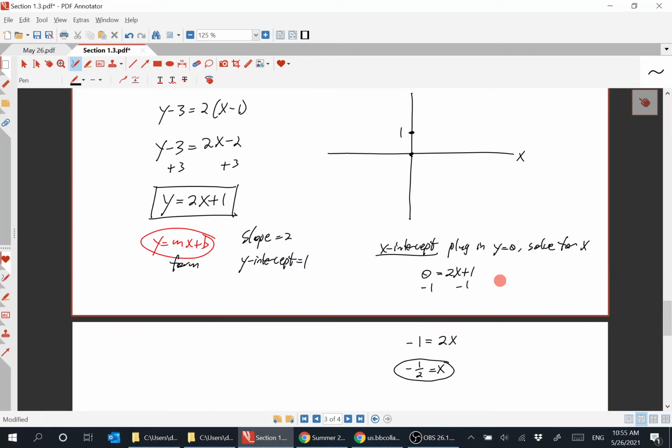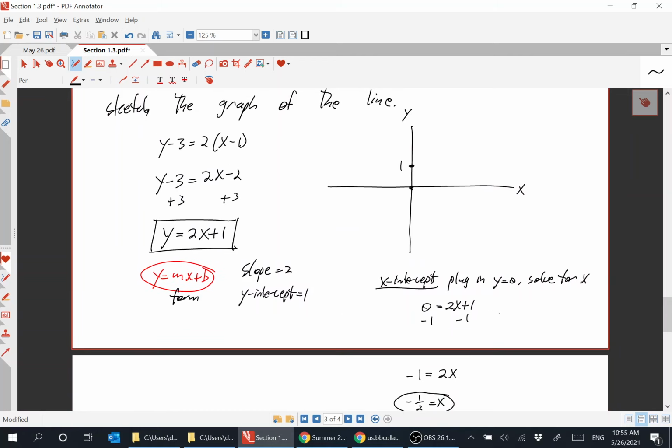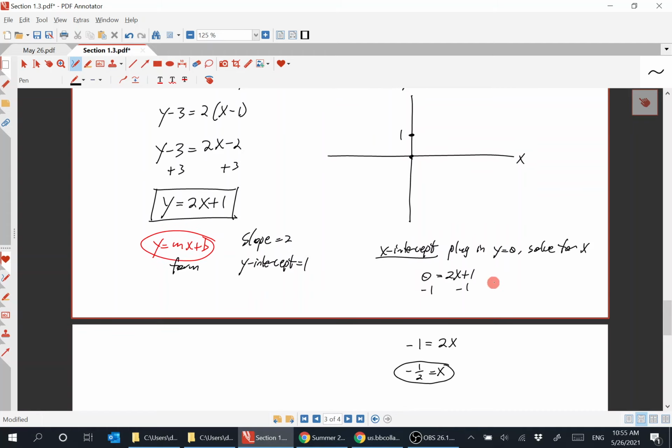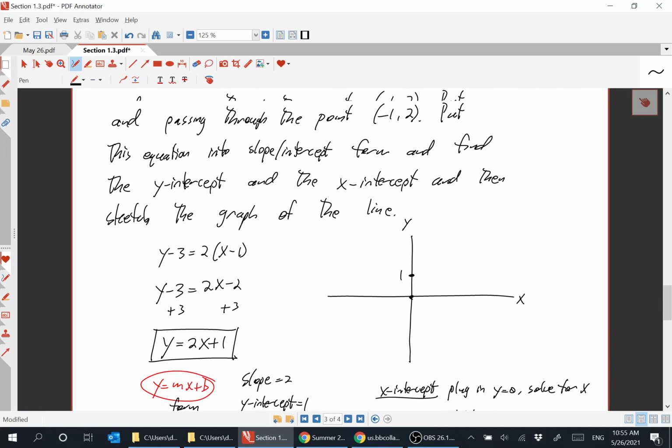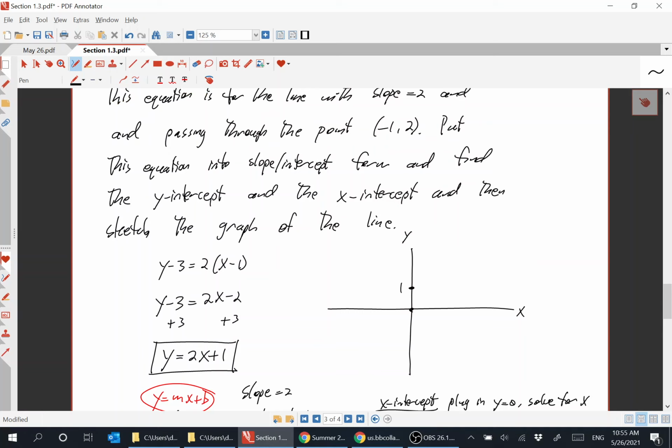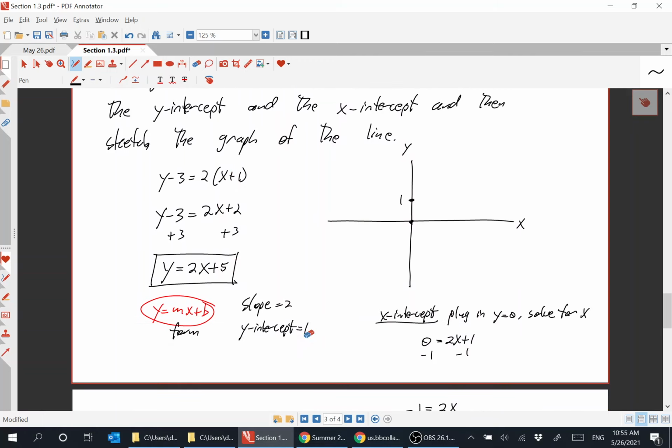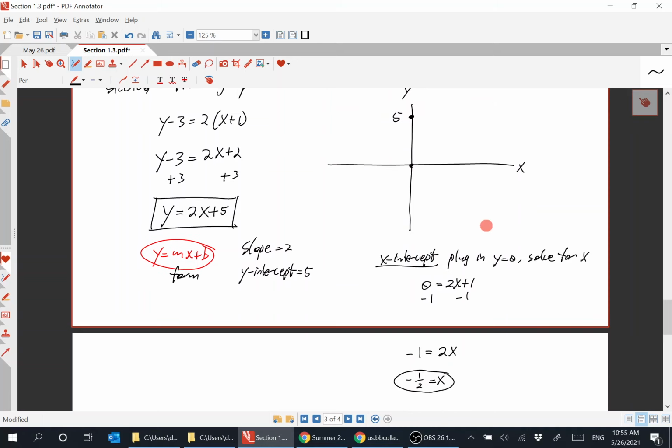Divide by 2, and we have minus 1/2. No, wait, hold on, what happened? Minus 1/2, 0, that's not correct. Minus 1, 2. Oh, this was a plus. That's plus 2, so that's a 5. Alright, so that was supposed to be a 5.